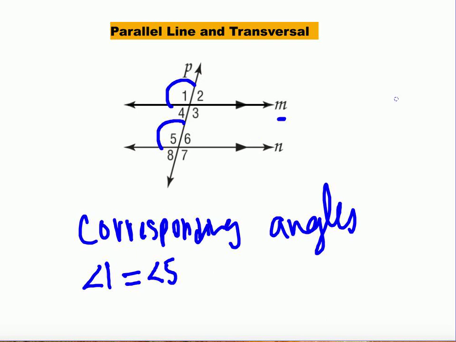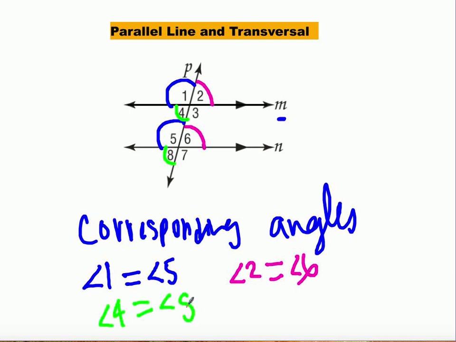1 corresponds to 5. Now let's check angle 2. Angle 2 is right here. If we slide it down, it will match up to angle 6. So we say angle 2 corresponds, or is equal, to angle 6. That's the second pair. Now we have 2 more pairs. We have angle 4, which is located right here. If we slide it down, it will match up to angle 8. So angle 4 corresponds to angle 8.